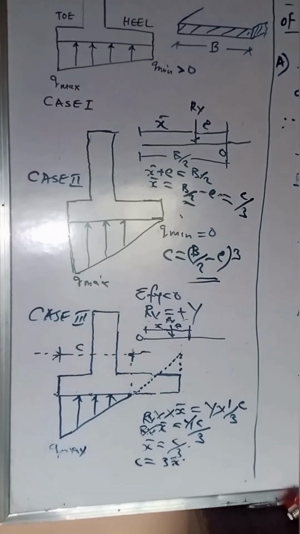All right, so the next we are going to look at is how we can design the footing. We'll look at the principle of designing of the footing and also of the stem.